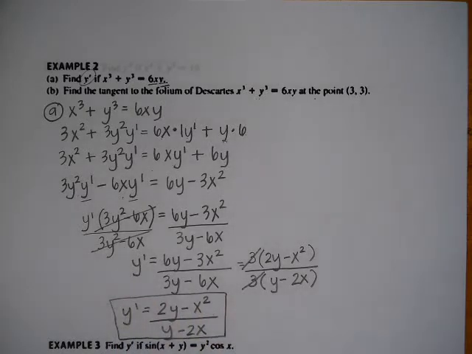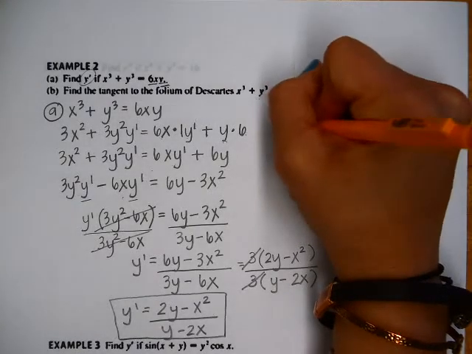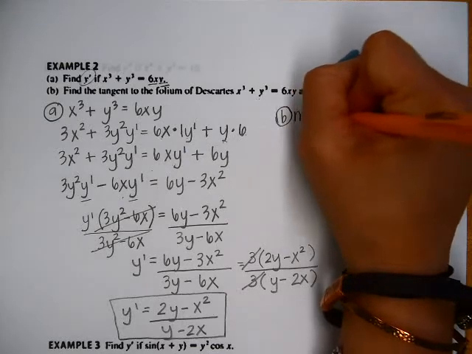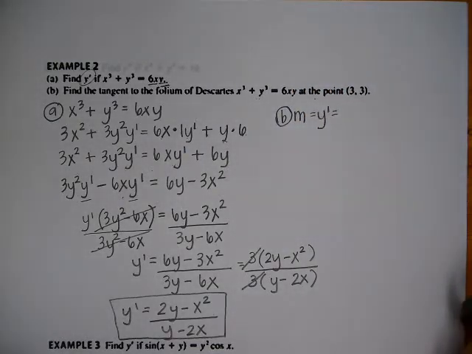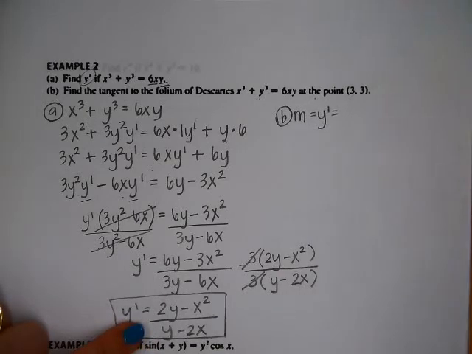Okay? But again, part B, they want you to do the same as we did in example 1. And that is they want you to plug in to find your slope and then find your equation of your tangent line. Okay? So part B, our slope is equivalent to our derivative, right, which we already have down here.